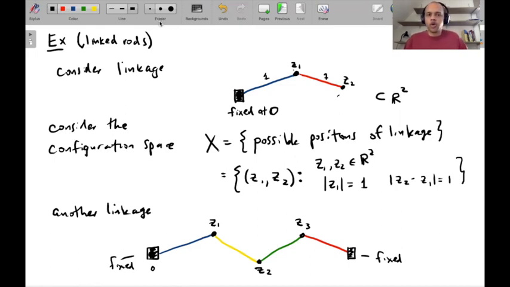So a cool fact is, well, you can think about what is the dimension of these configuration spaces. So let's let Y be the configuration space for this linkage.